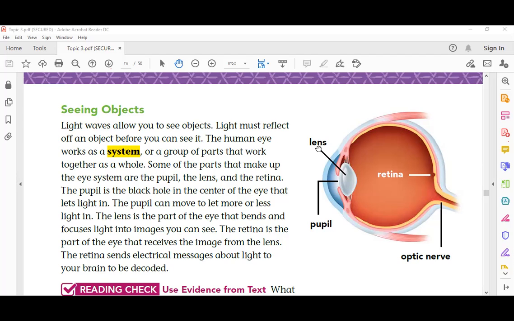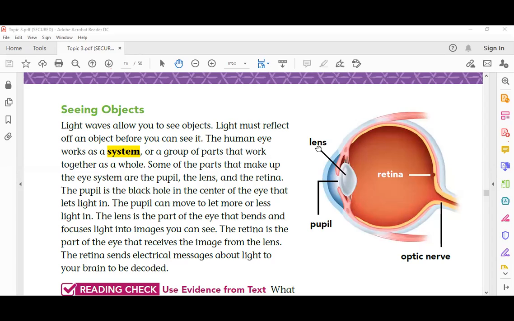For example, a football team is a system because it is made up of different players, for example 11 players, and these players work together as a whole. School is a system because it is made up of different parts that work together as a whole.